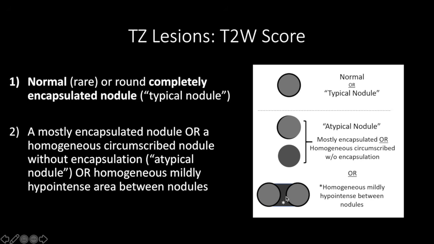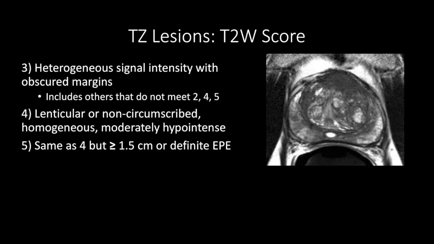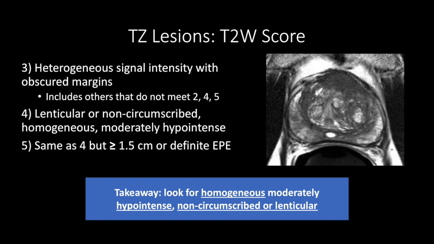The last descriptor here in this family is homogeneous, mildly hypointense signal that is between 2 BPH nodules, as shown here in this schematic. When it comes to the higher scores, the most important thing to know is what we're looking for when we're looking for cancer, or what cancer looks like in the TZ. So again, I'm going to get you to focus on the 4 and 5 scores. So a typical clinically significant cancer in the TZ is going to look homogeneously T2, moderately hypointense.